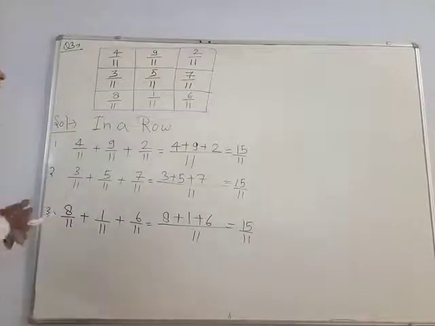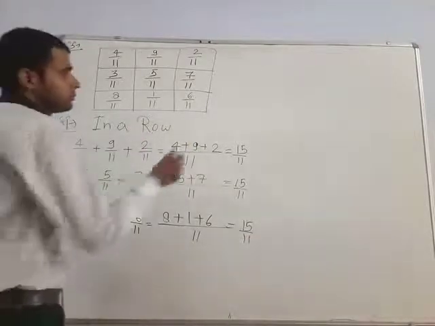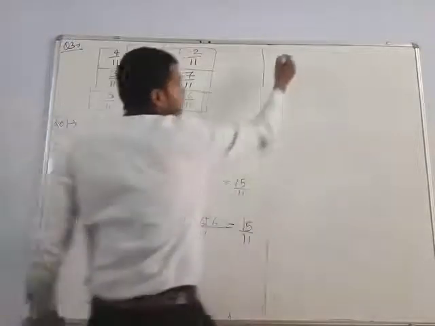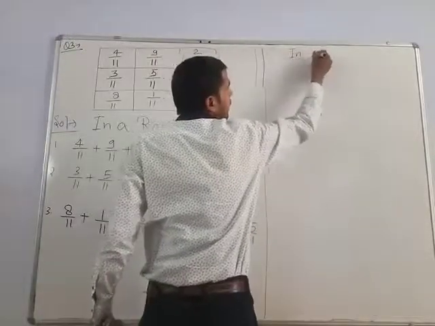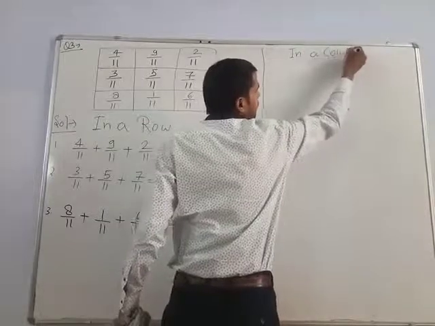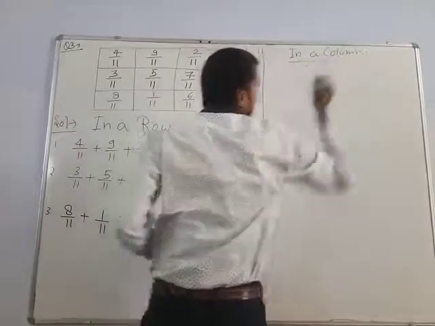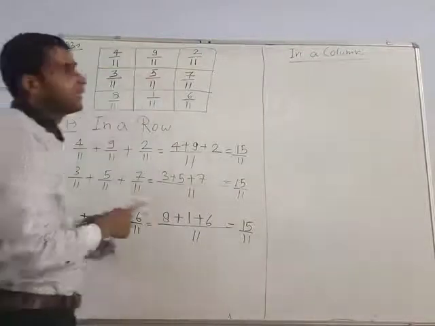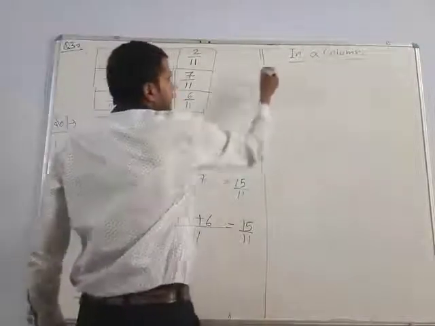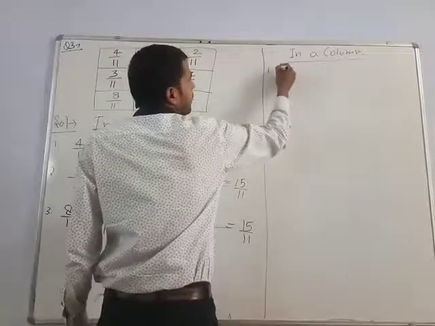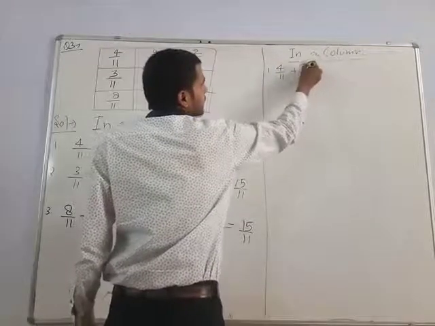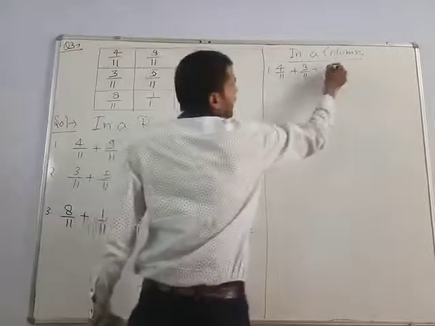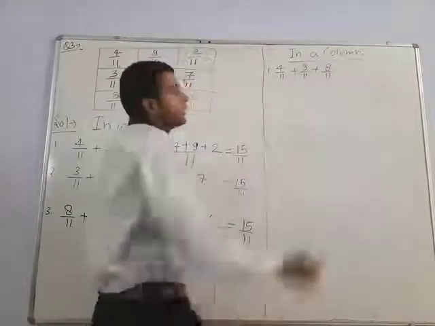Second is in a column. Column is 1, 2, 3. First column: 4 upon 11 plus 3 upon 11 plus 8 upon 11.